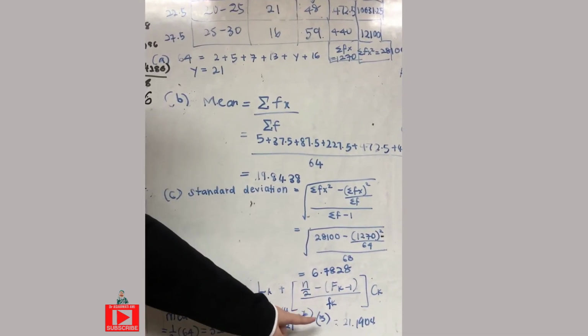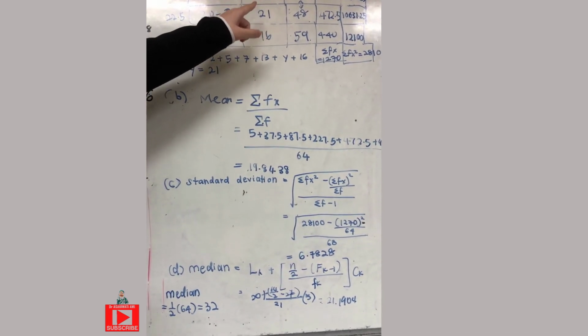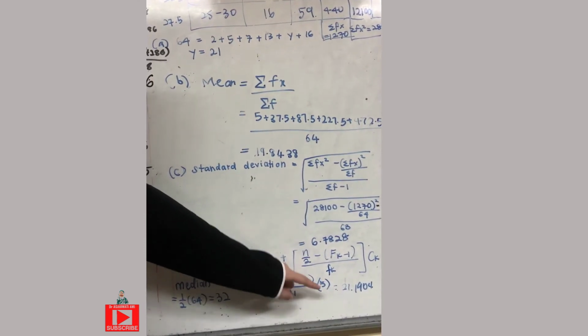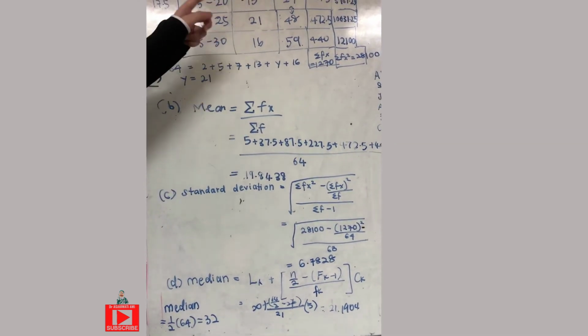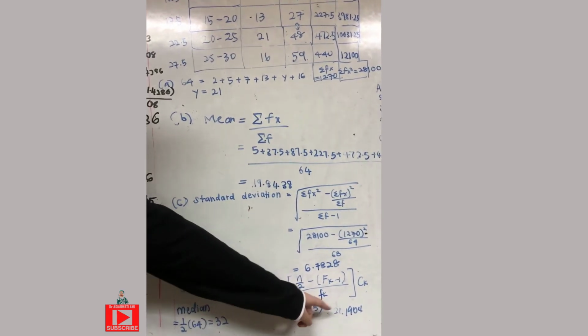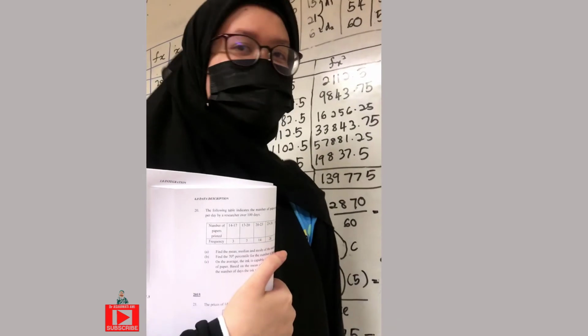Then for f of the median class, this one is the class frequency of the median class. Then the class size, we get from here, 5. So the answer is 21.1904. Okay, good.